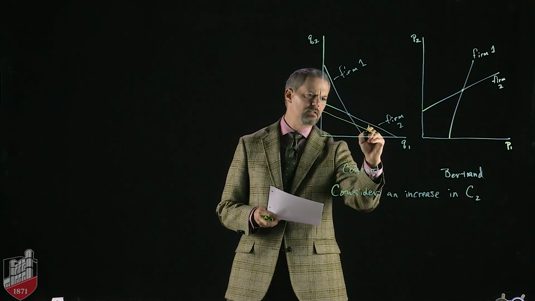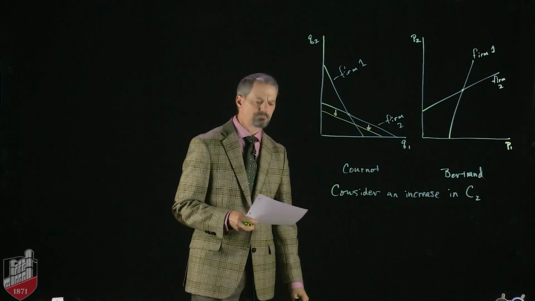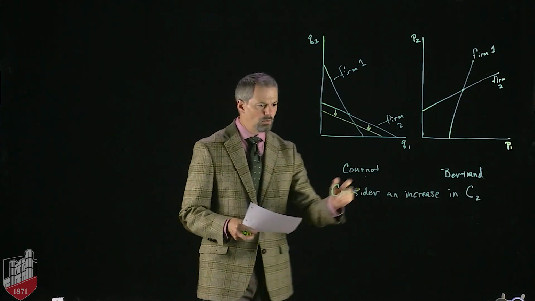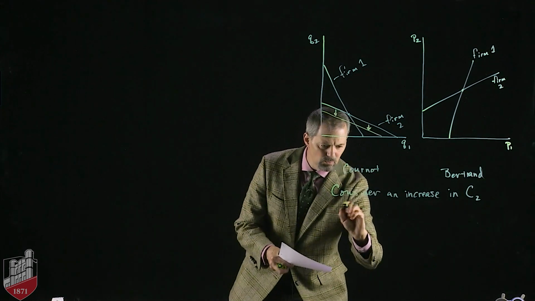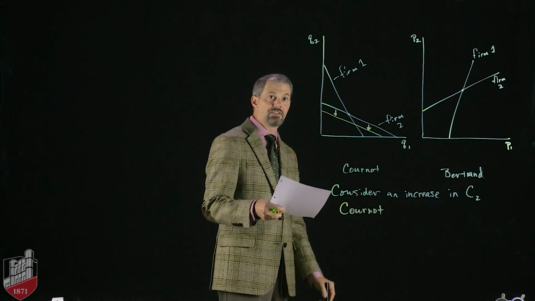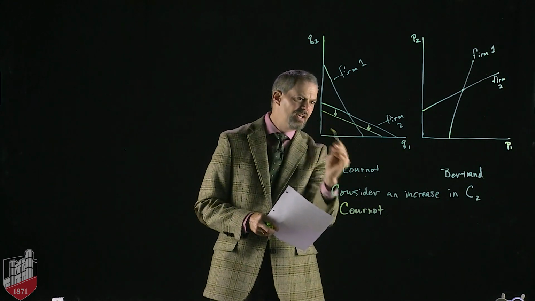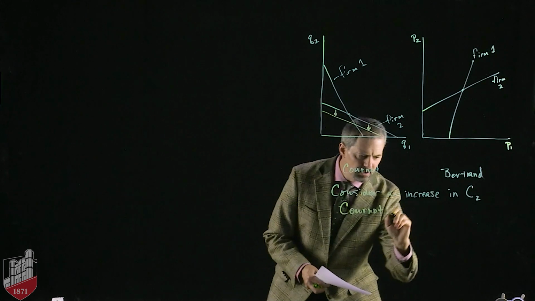I don't know if that difference in color shows up. So let's say with Cournot, what happens is that firm 2 now would produce less and firm 1 produces more.